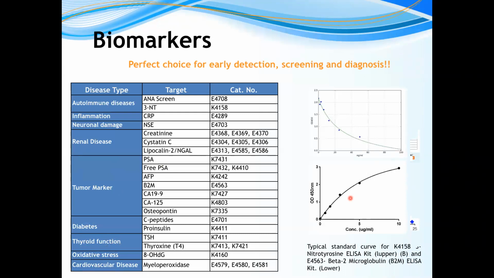You can see that these are the traditional standard curves for the ELISA kits in this category. This is just a few, and if you would like to get the full list, we have a flyer available on our site.